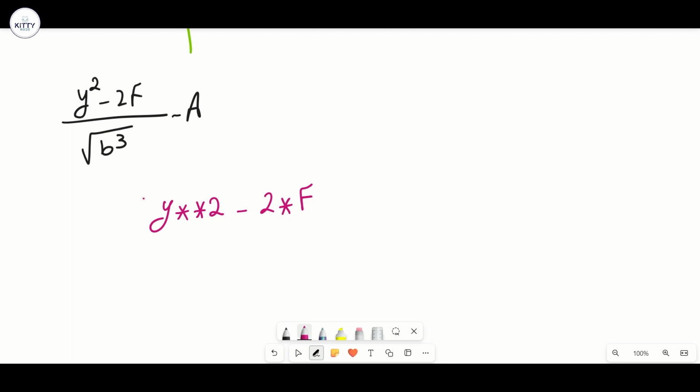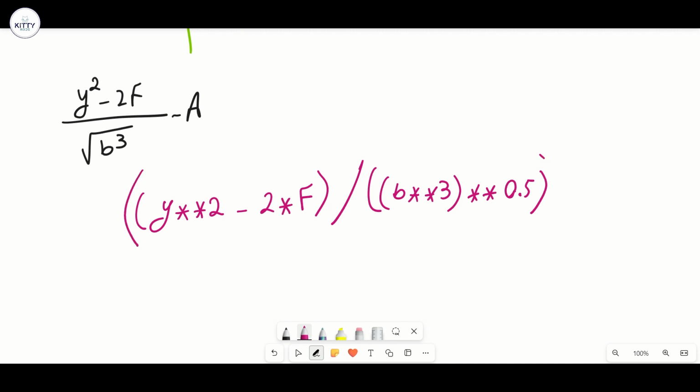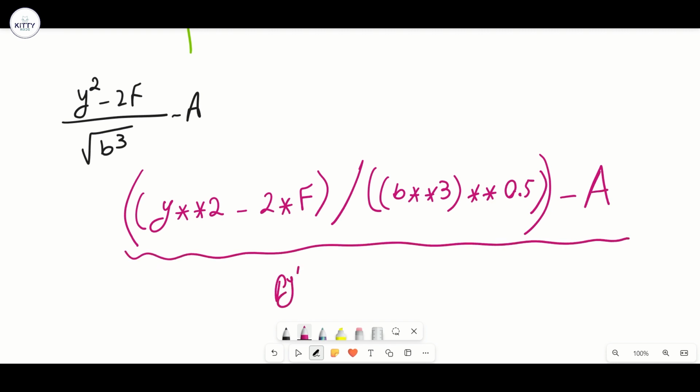We are done with the numerator inside parentheses, and then divided by square root of b cubed: b to the power 3 to the power 0.5. You can write everything inside parentheses, and the whole fraction minus a. Now this is our Python form.